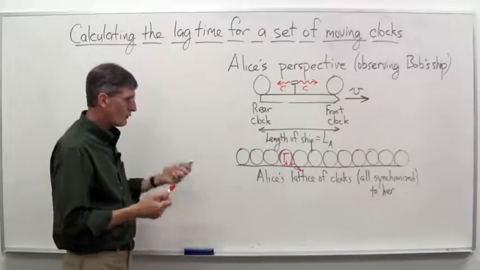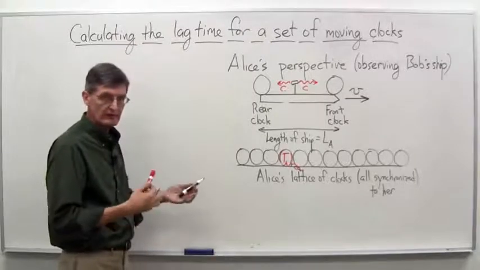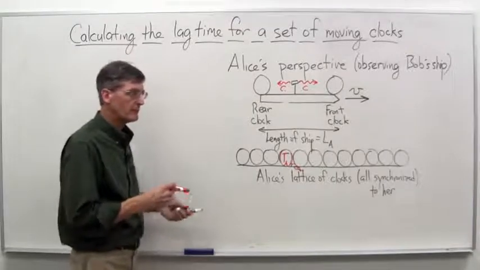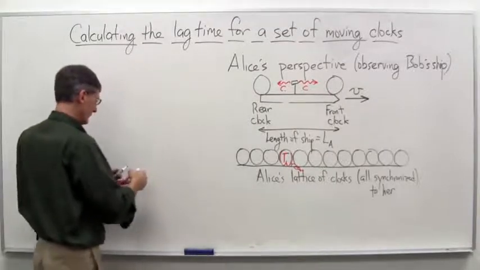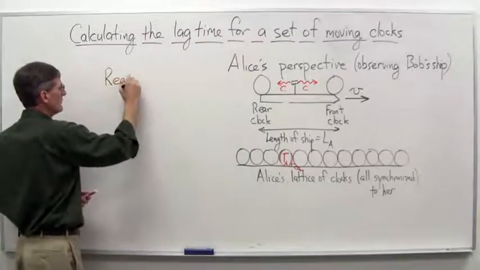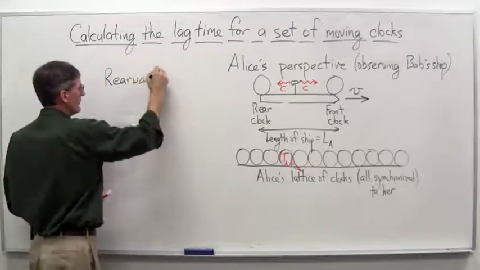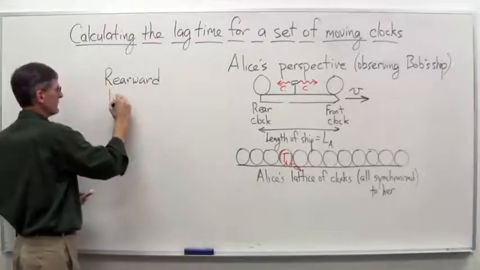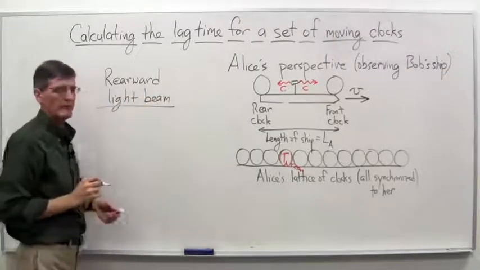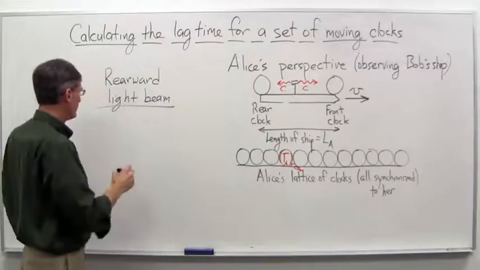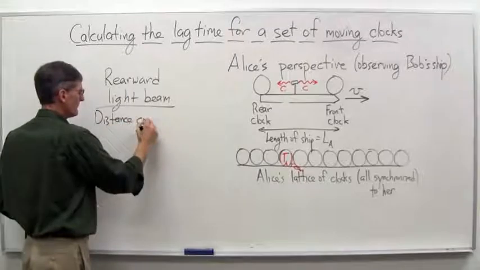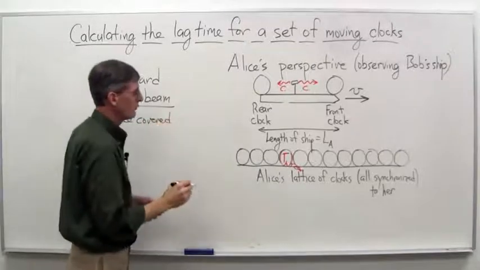Okay? Well, can we do a little calculation of that? Just a distance over time type of calculation? The answer is yes. We know, for example, that the distance, so let's look at the rearward light beam, the light beam heading toward the back. Distance covered is going to equal what?